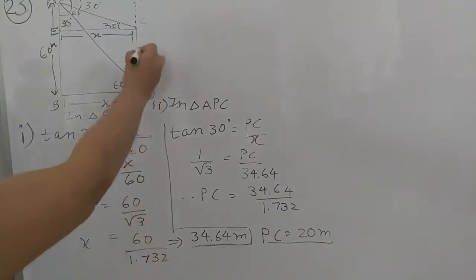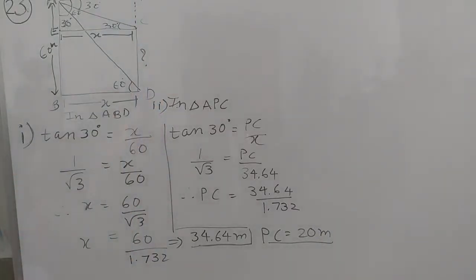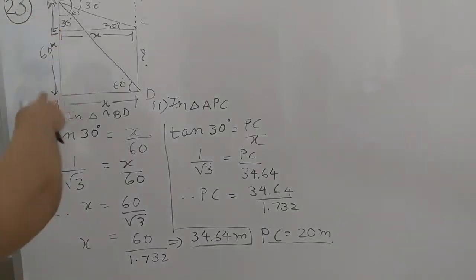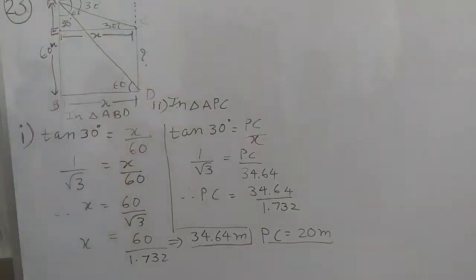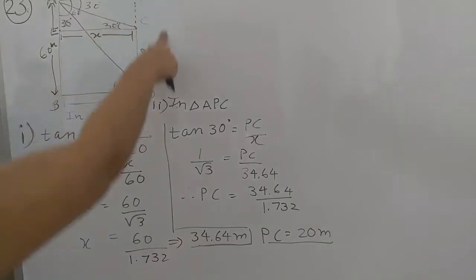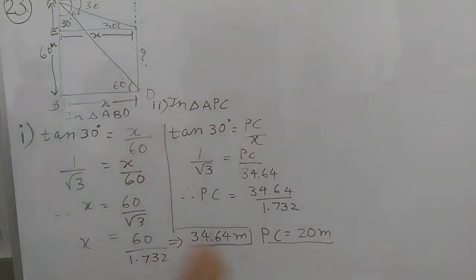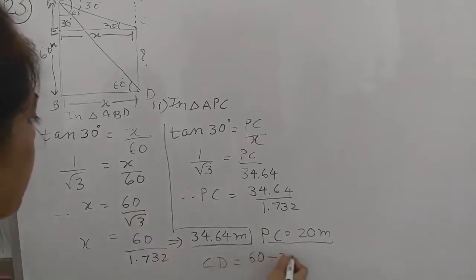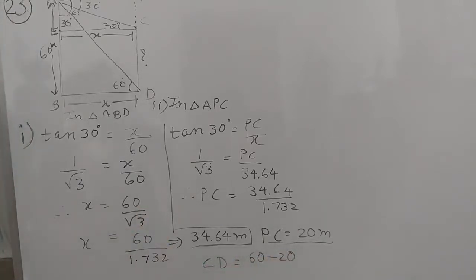So this is our value PC. What we want to find is this CD value. So now what can I do here? This is total 60, which means this is also total 60. From this total 60, if I subtract this PC, I get the CD value. So CD is equal to 60 minus 20, and we get 40 meters.